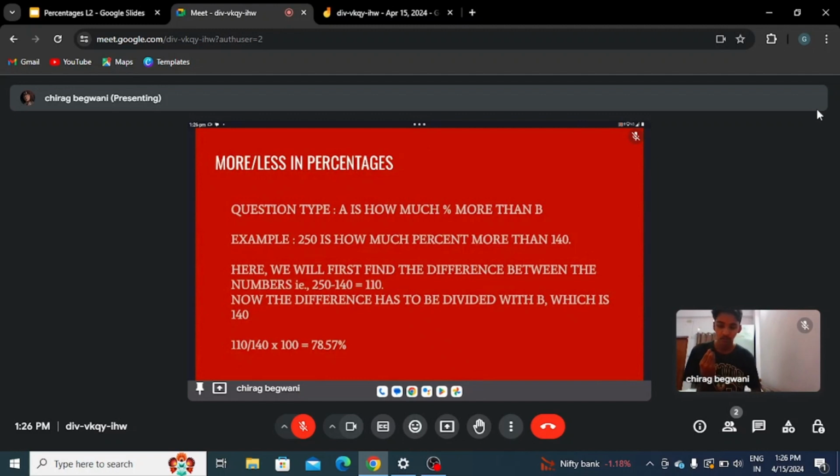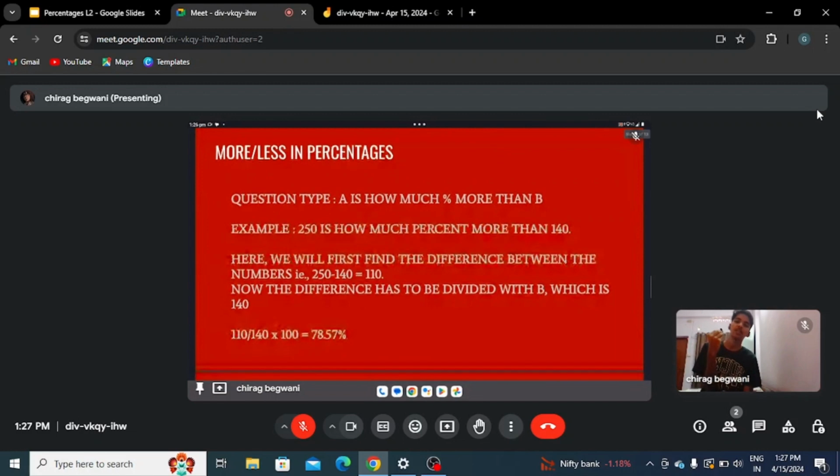We have taken a couple of examples. 250 is how much percent more than 140? When I'm asking how much percent more, you cannot just tell me the numeric difference. You can't just tell me it is 110. That is the numeric value. I'm asking the percentage value, how much percent more.